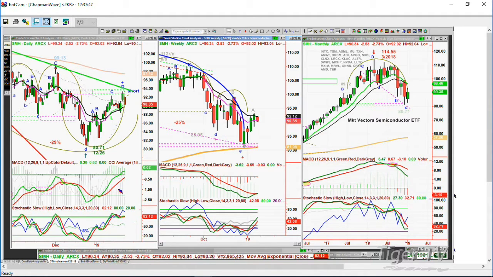Stochastics at 82%, but they're not showing the same strength that the Dow and the S&P and the Qs and the IWM are showing. And this rally off the 200-period moving average going all the way down to 80.71 from 114.55 back in March of last year. This is just a lousy candle. This is barely a rally. It looks great on the daily, but it's really nothing.